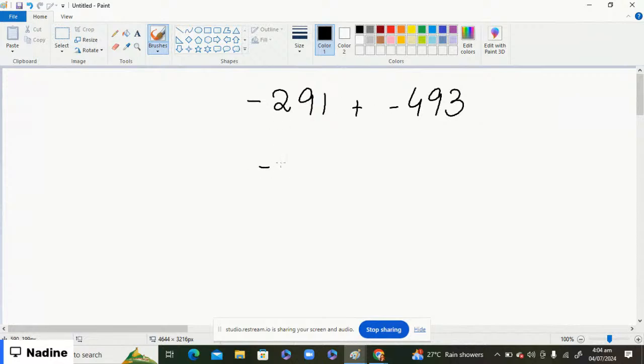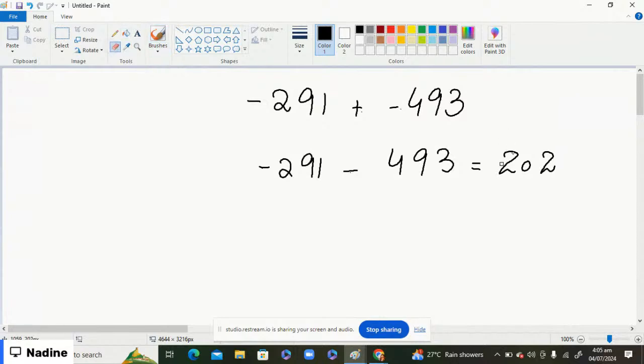Plus minus is always minus. When we subtract 291 from 493, we get the answer 202. But here negative and negative, it becomes addition.